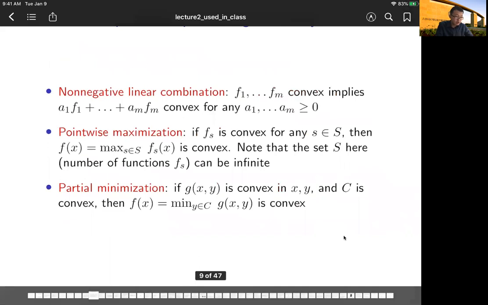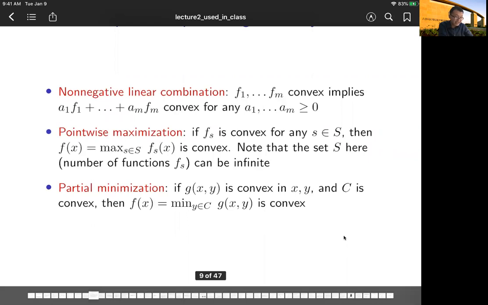next slide. There are composition rules for convex functions. If we are given a bunch of convex functions, we can use the following rules to construct new convex functions. These will come in handy from time to time. In particular, say you have f1 to fm that we know are convex.